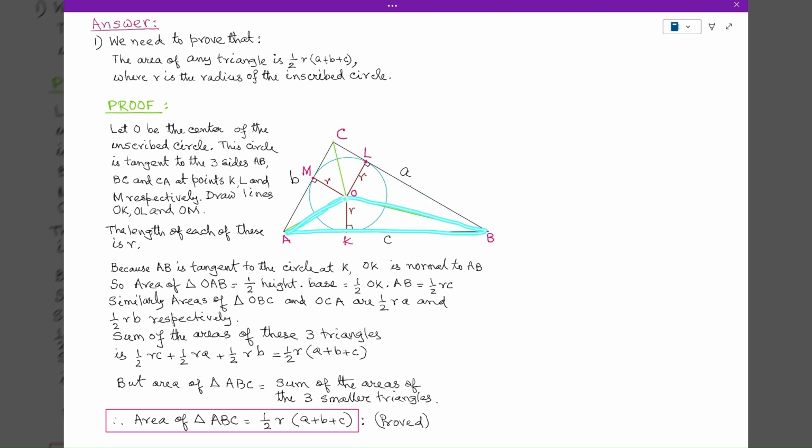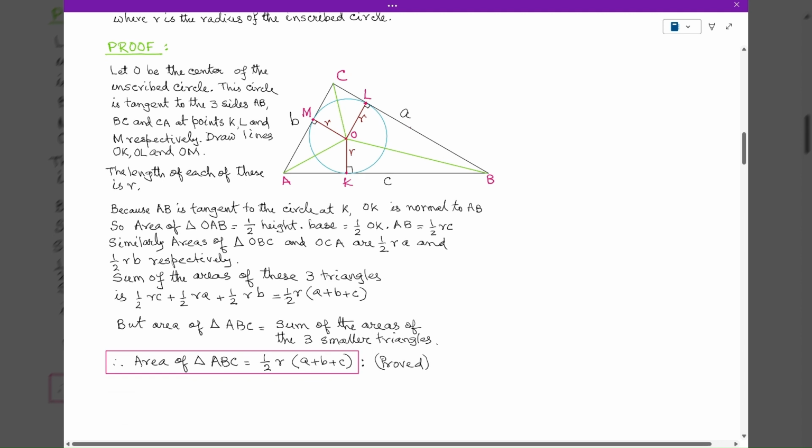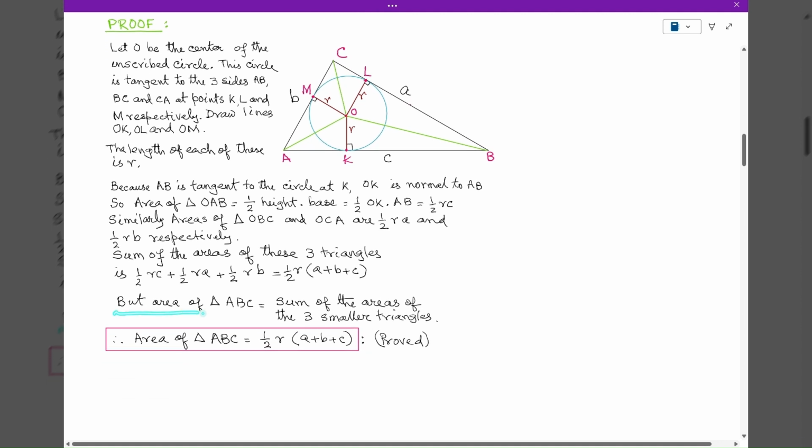First is this triangle, second is this triangle, and third is this triangle. So, the area of the triangle ABC will be half r (a plus b plus c). This is what we were required to prove.